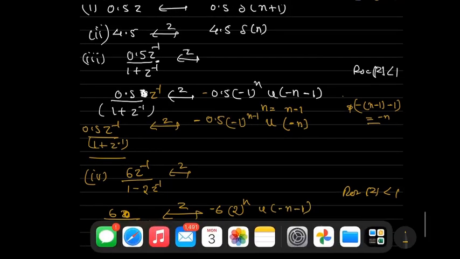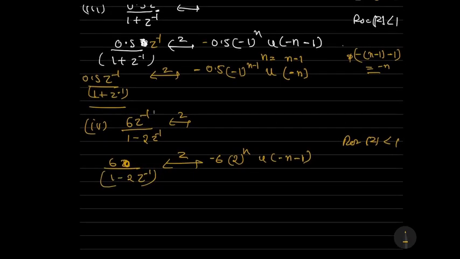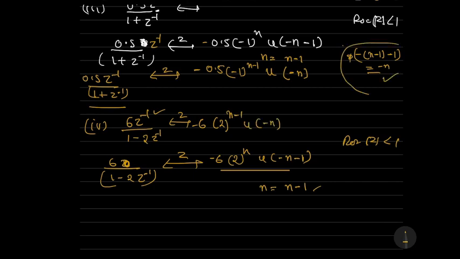This is the result. Now using time shifting property, we can find this also. So we have to just put n equals to n minus 1 in this expression. So we will get the result minus 6 2 to the power n, where instead of n we replace by n minus 1. Okay, so u of minus n will remain. Why? Same as before. Okay, so this is the inverse z transform of the fourth term.